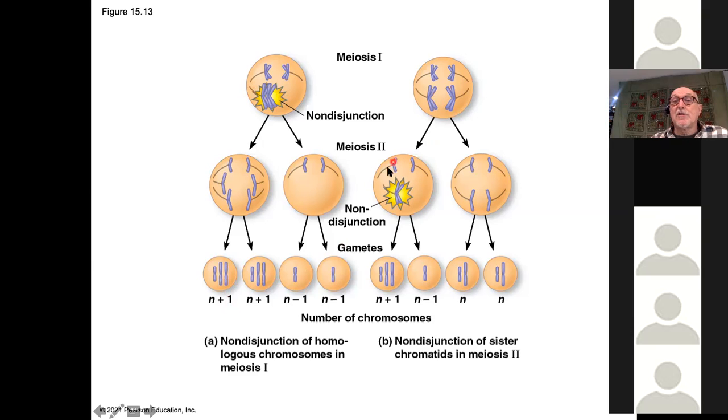We can also have non-disjunction at meiosis 2. In this case, we're supposed to be separating identical chromatids from one another, there and there. But here we're not. We're pulling both of these chromatids across to the one side. And again, we end up here. This is abnormal, n plus 1. This is abnormal, n minus 1.